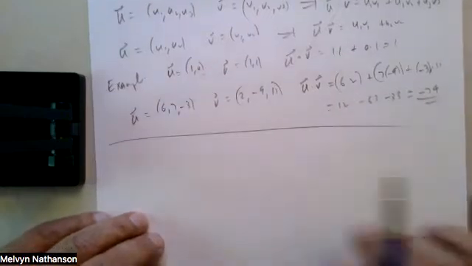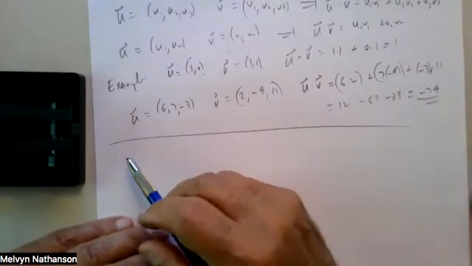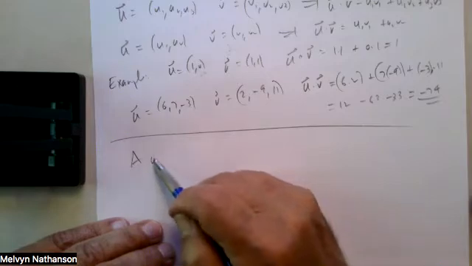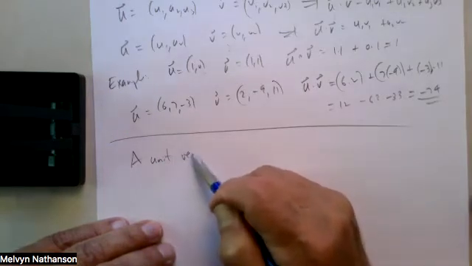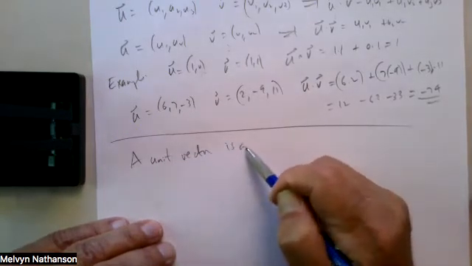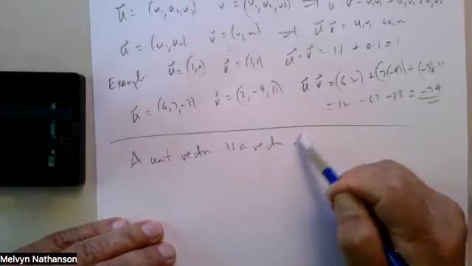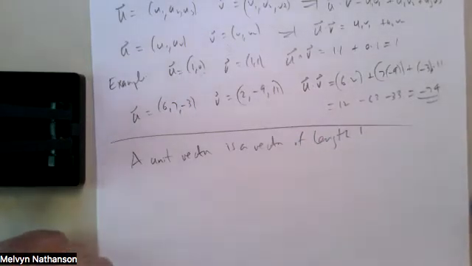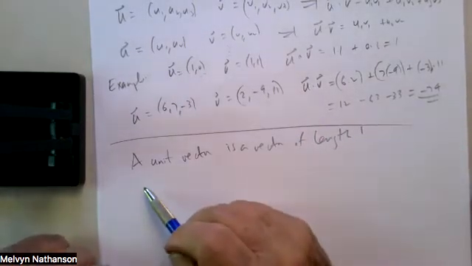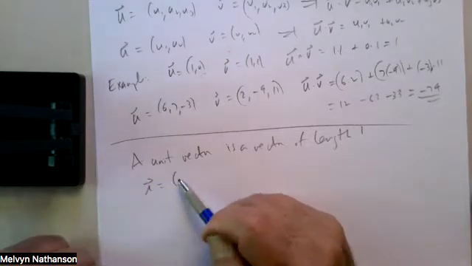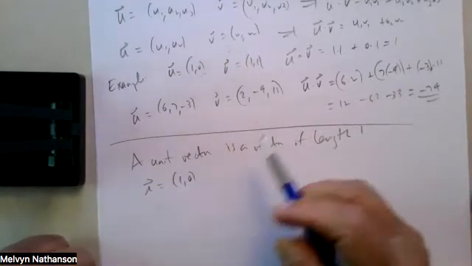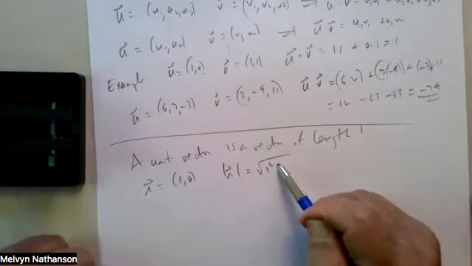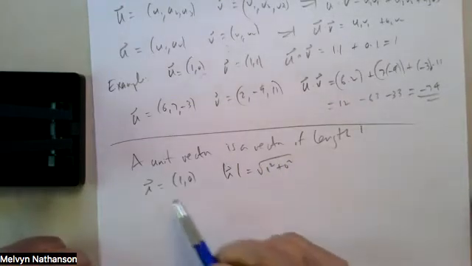Let me make another remark. A unit vector is a vector whose length is 1. So for example, the vector i, which is (1, 0), has length 1, because the length of i is the square root of 1 squared plus 0 squared.